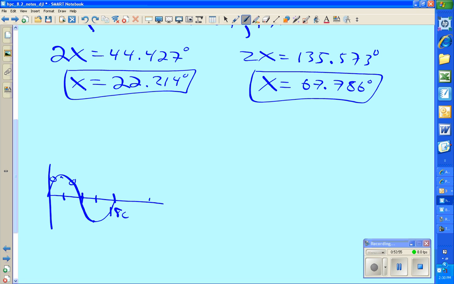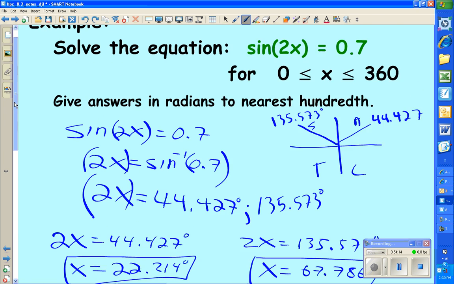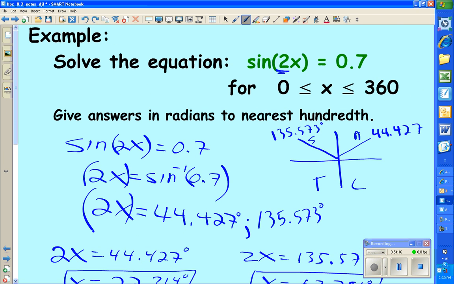But because the graph continues like this, there's going to be 2 more over here. You come up here and you say, look, b is 2 right here. If b is equal to 2, therefore the period of our function is how much? 180. How do we find that period? 360 divided by 2.